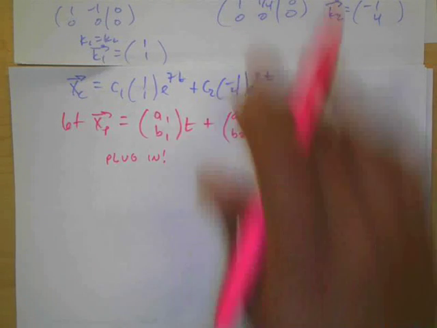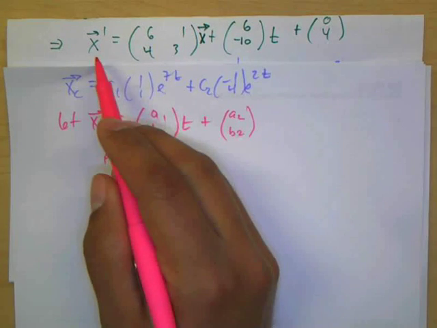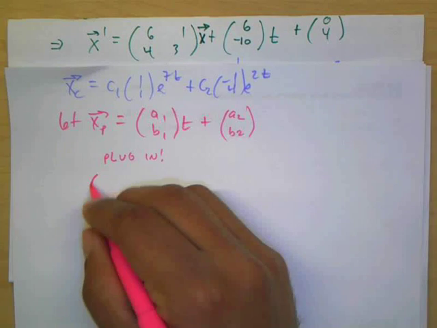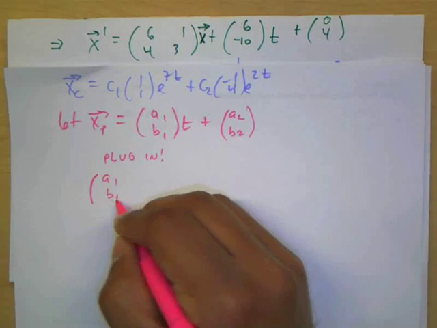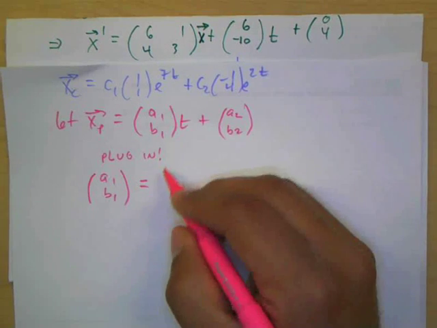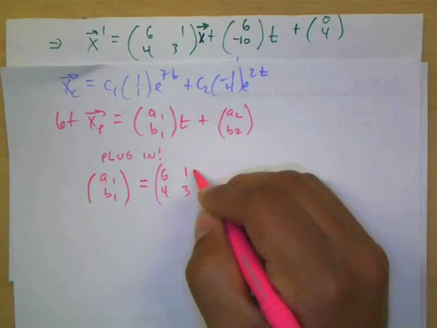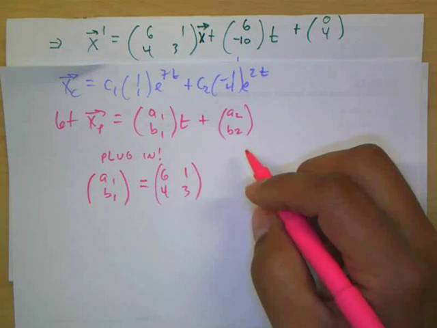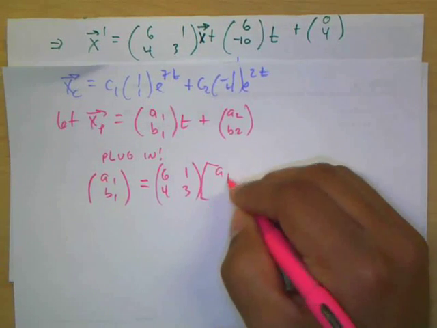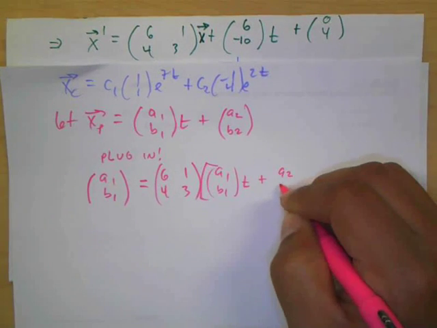So on the left side, if I take x prime for the particular, and now I'm just going to write this out. 6, 1, 4, 3 times the particular, A1, B1 times t plus A2, B2.